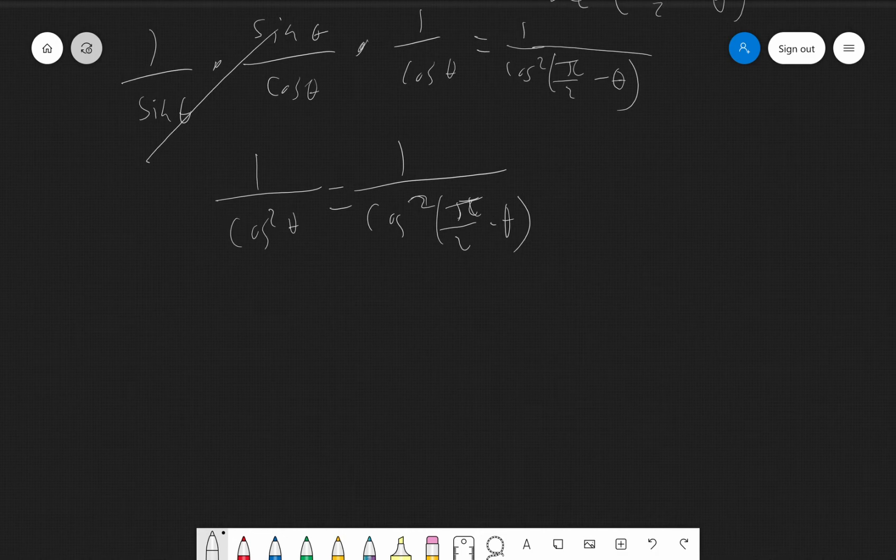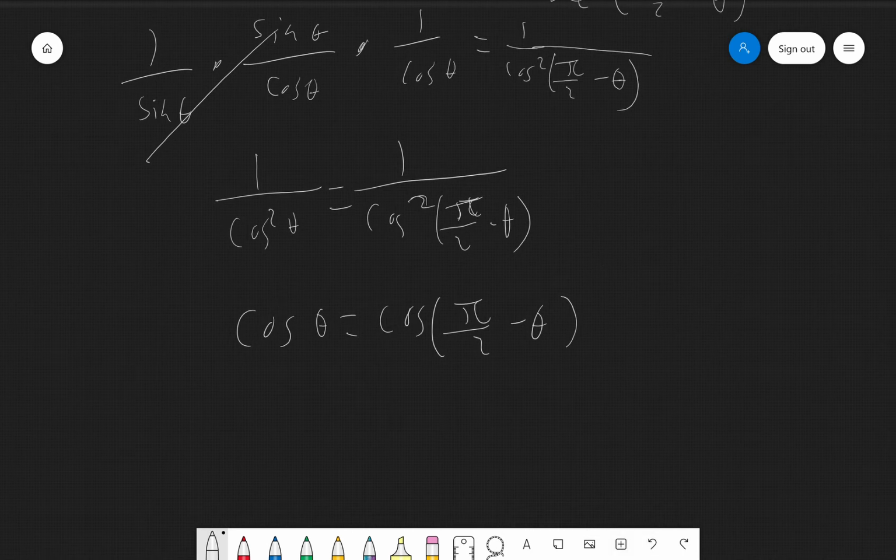We can take the reciprocal and then square root both sides, and we get cosine of theta equals cosine of pi over 2 minus theta. Now, what's wrong with the step I'm going to do? Do inverse cosine on both sides, and you get theta equals pi over 2 minus theta. What's wrong with that?